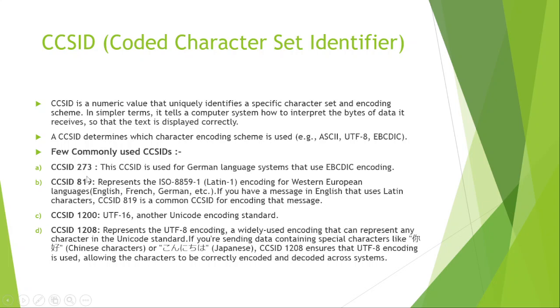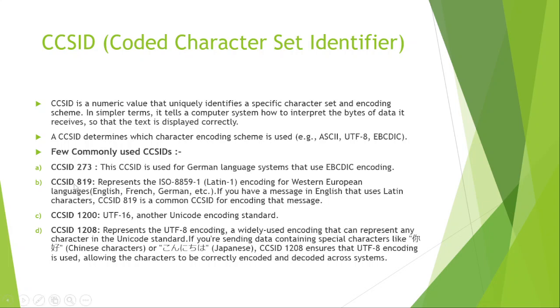Okay, now talking about CCSID 819, it represents ISO 8859-1, this Latin 1 encoding for the Western European languages. So CCSID 819 basically represents mostly the Latin languages, like French, English, German, all these things.